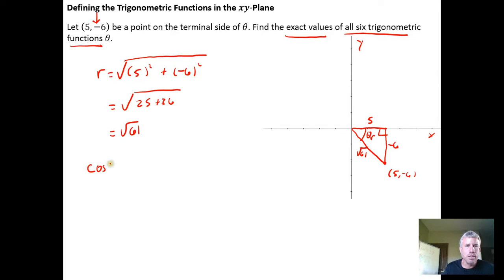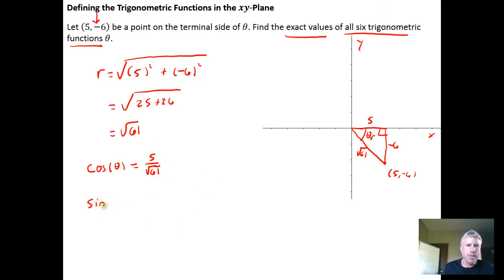The cosine of theta is the x-coordinate over the radius, or the side adjacent the reference angle, divided by the hypotenuse. We could rationalize this if we wanted to. I don't think it's necessary, but some homework platforms will require that you rationalize this denominator.